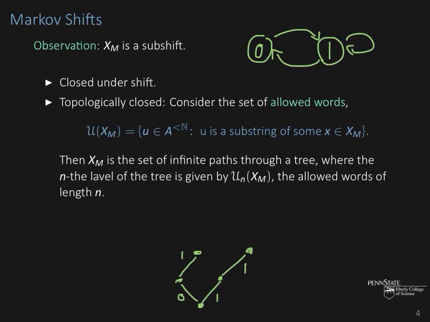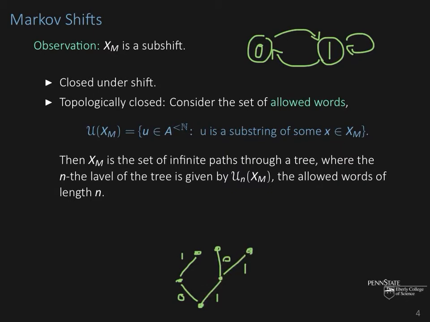Or we could start at 1 and go to 0. So what we can't do is start at 0 and stay at 0. That would be a forbidden word. We see that 0, 0 is a forbidden word here, so there's no branch here. So these are all the allowed words of length 2: 0 1, 1 0, and 1 1.